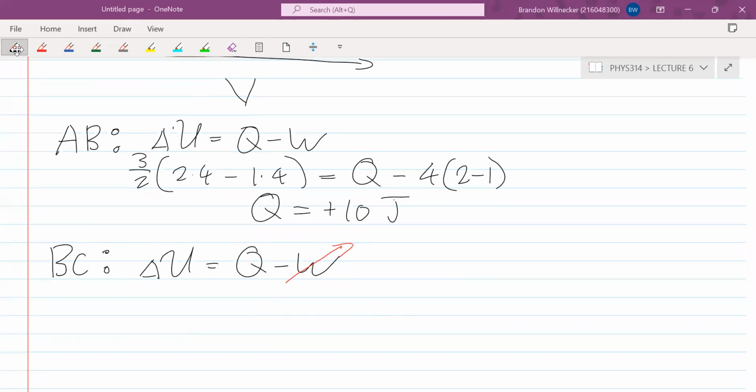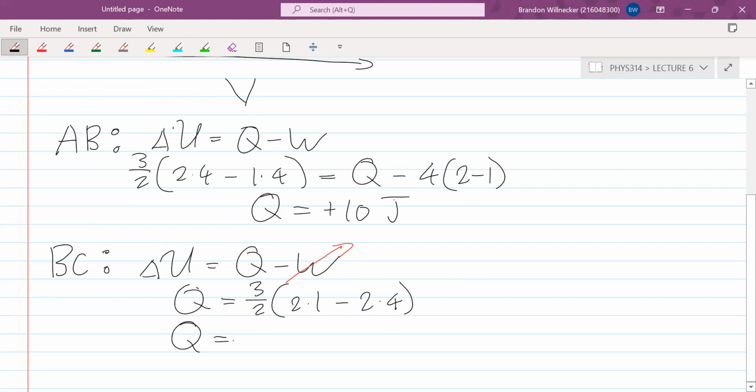So Q is going to be 3/2 (2 times 1 minus 2 times 4). So Q is equal to minus 9 joules. It's negative, which means heat is being removed from the system, or it's the exhaust from the engine cycle.